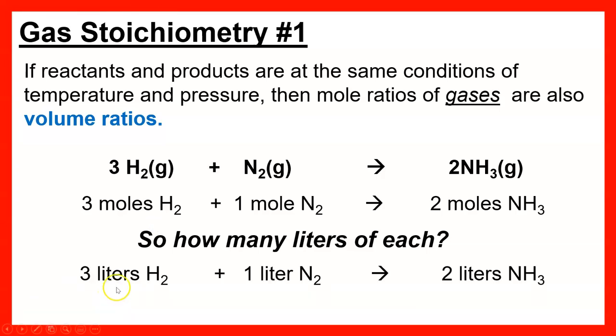So if you have 3 times the number of moles, you would have 3 times the number of liters. If you had 2 times the number of moles, you would have 2 times the number of liters. That can be a very helpful shortcut to use.